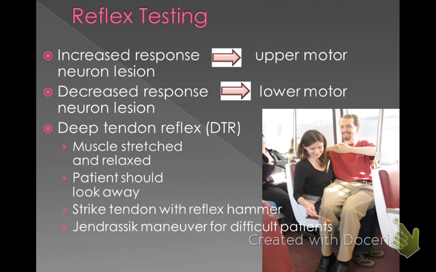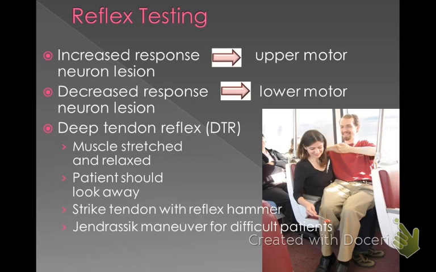The last component to a lower quarter screen is reflex testing. We've done sensory, we've done motor testing, and last but not least, we want to determine whether the patient has normal, hypo, or hyper reflexive tendencies. We're going to do what your physician does when you go into their clinic for a physical exam. They use a neurological hammer to test those reflexes, looking for either an increased or a decreased response to that tap or strike.